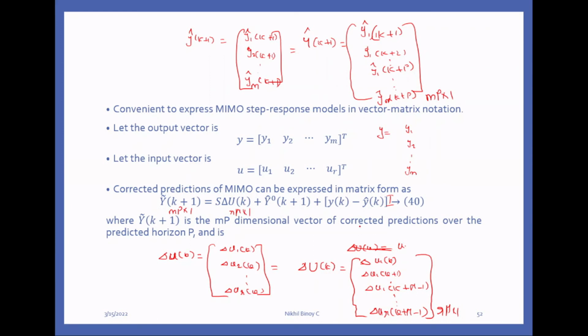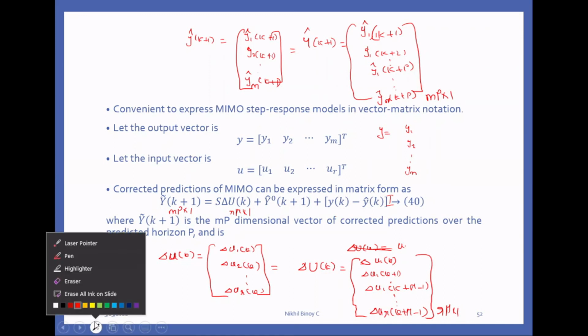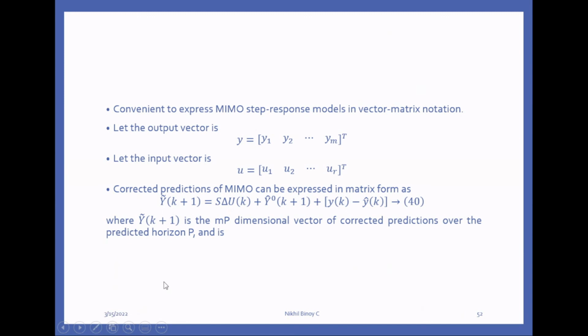So what about S? S is an mp into rM matrix. Please note this y cap of k plus 1 is small m into p, delta u of k is small r into capital M. So this S term is small m p into small r capital M. The size of y cap, all y are the same.